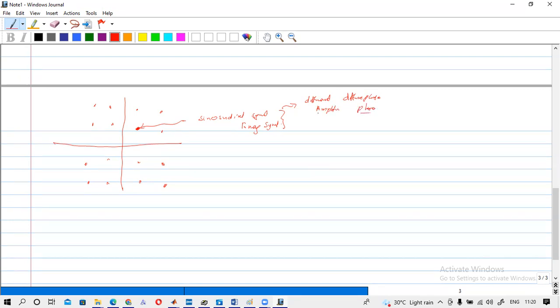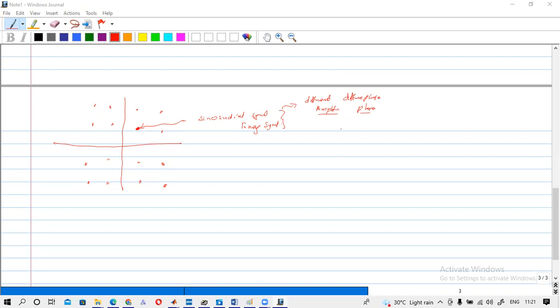Can anyone tell me? Maybe from signals and systems you have learned about energy signals and power signals. You know that sinusoidal signals are energy and power signals, so you can find the energy of the signals. Yes, very good. The amplitude will affect the power or energy of the signal.